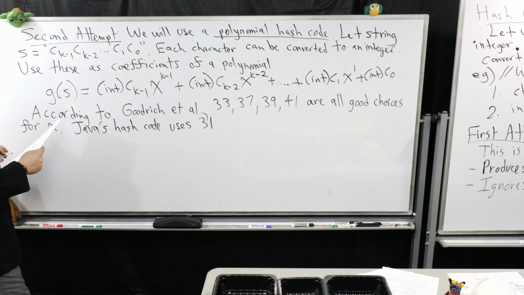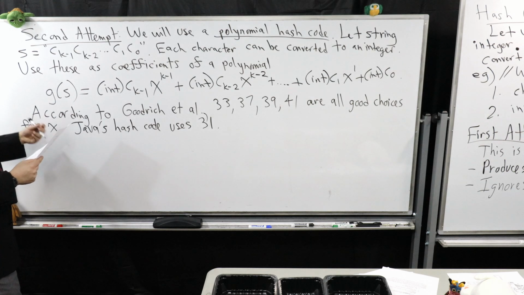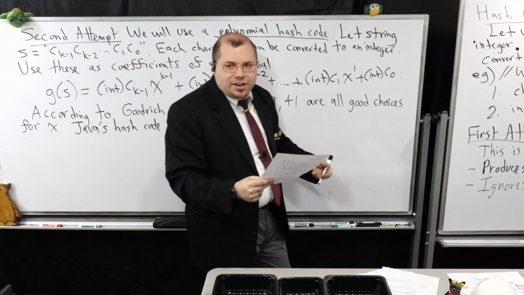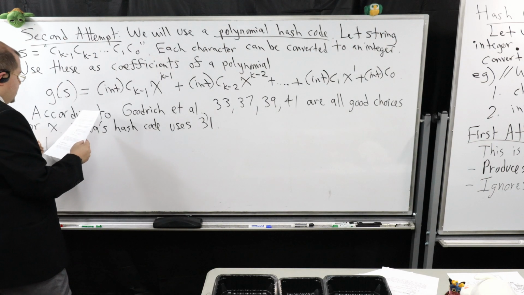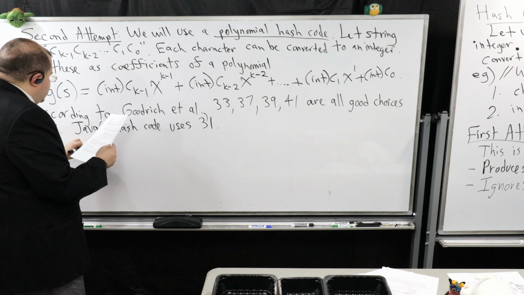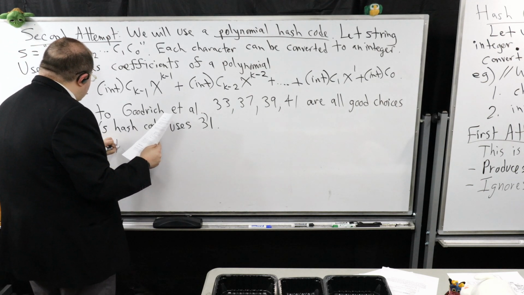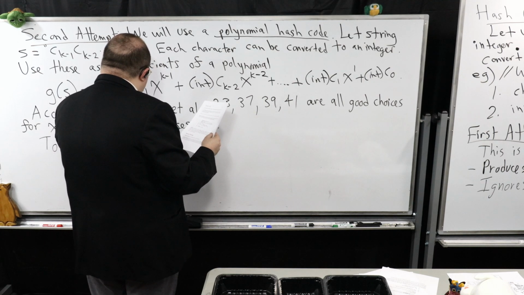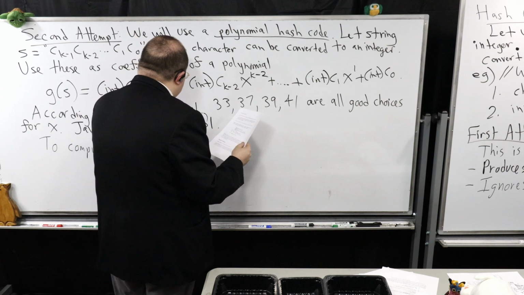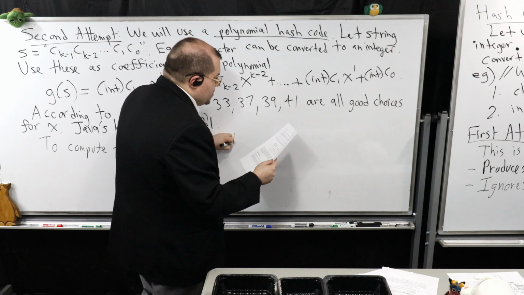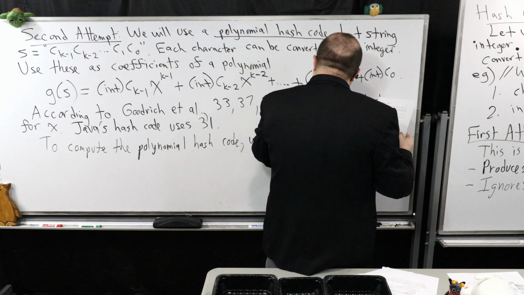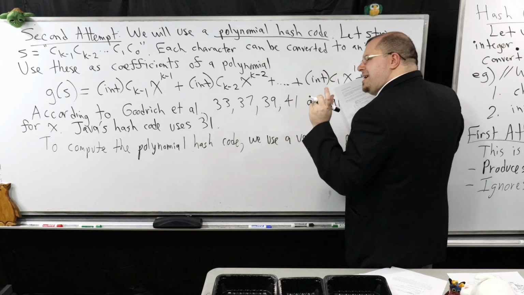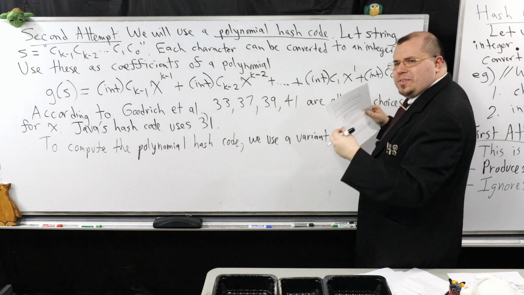Just as an example, let me put it together with the hash code to show you what the hash function for this case would look like. To compute the polynomial hash code, we use a variant, meaning a slight alteration of another idea.